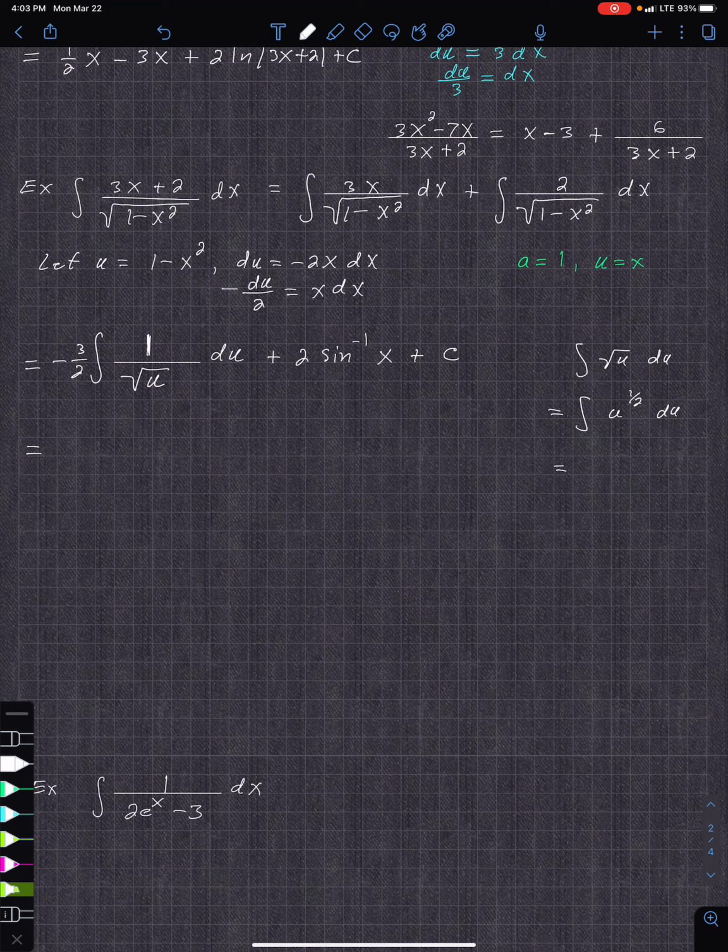So you end up adding, so you get 1/2 plus 1, 1/2 plus 2 over 2, so it's 3/2. And divide, so it's 2/3. 2/3 times u to the 3/2 plus c.